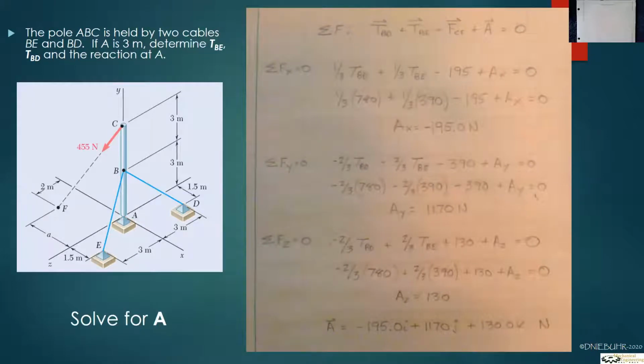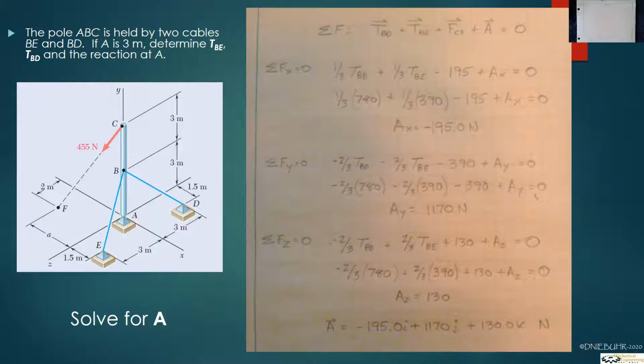Now, as you can see, the general equation is that the sum of the forces, tension BD, tension BE, force CF and A, all vectors, has to be 0. So if we go ahead and add up the forces in the X by taking the I components, then we can substitute in our values for TBD and TBE, and in each of the 3 equations, we'll just have the one unknown.